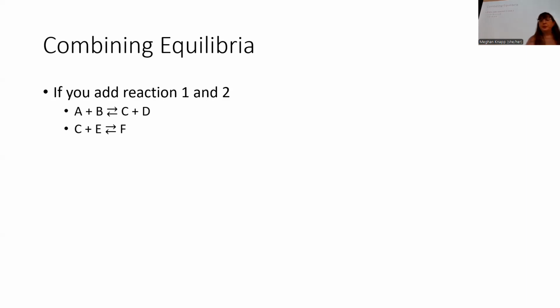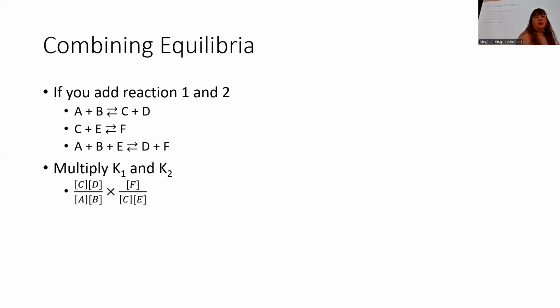Okay. So my overall reaction is going to look like this. And what I'm going to end up doing is multiplying K1 and K2 to get the overall K. Right, so that's going to look like products over reactants of each of those multiplied together.